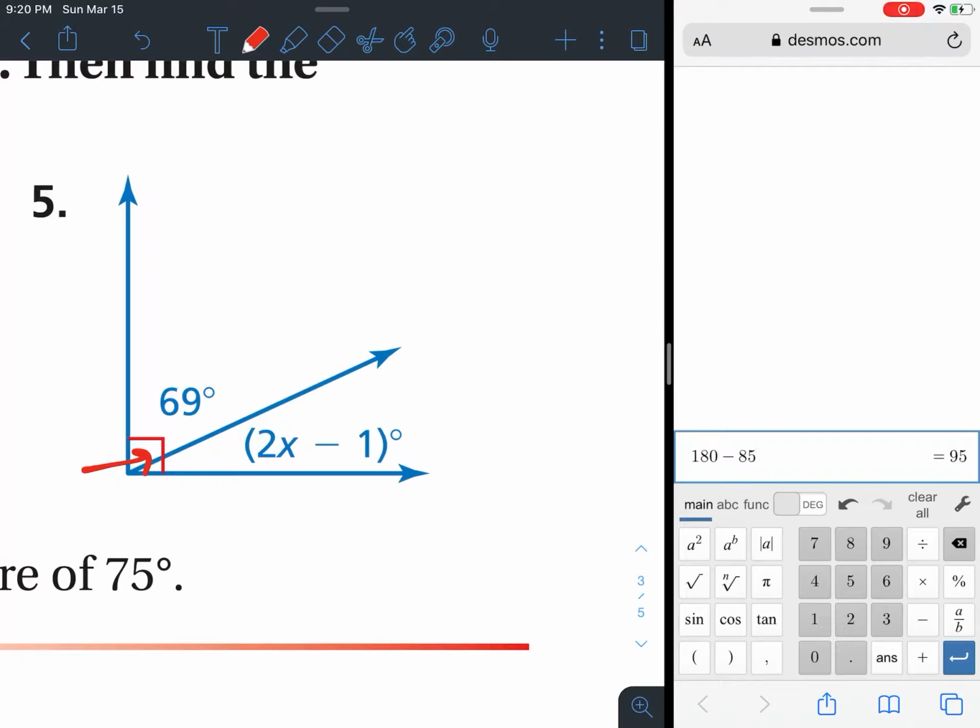Last one. Like we just said in the last example, that means it equals 90 degrees, and these 2 are attached. They share that side. So these would be adjacent because they are attached. So the two of these have to equal 90 degrees because of that right angle in the corner.